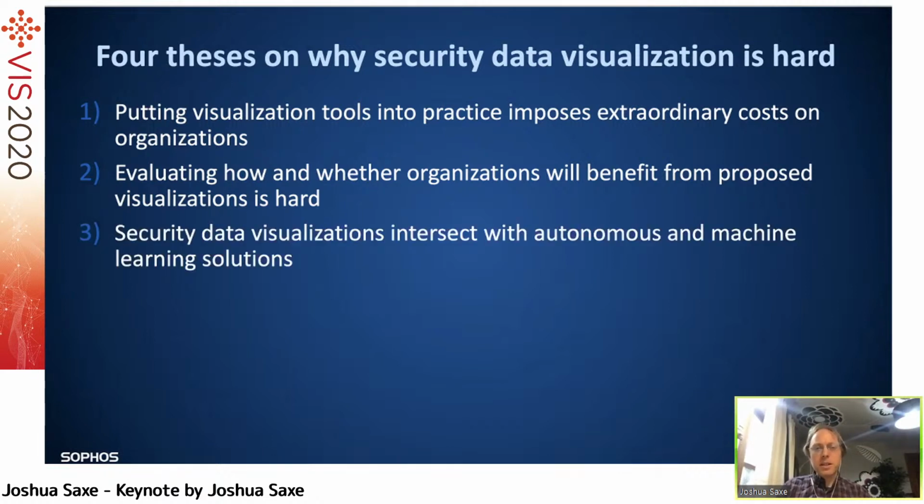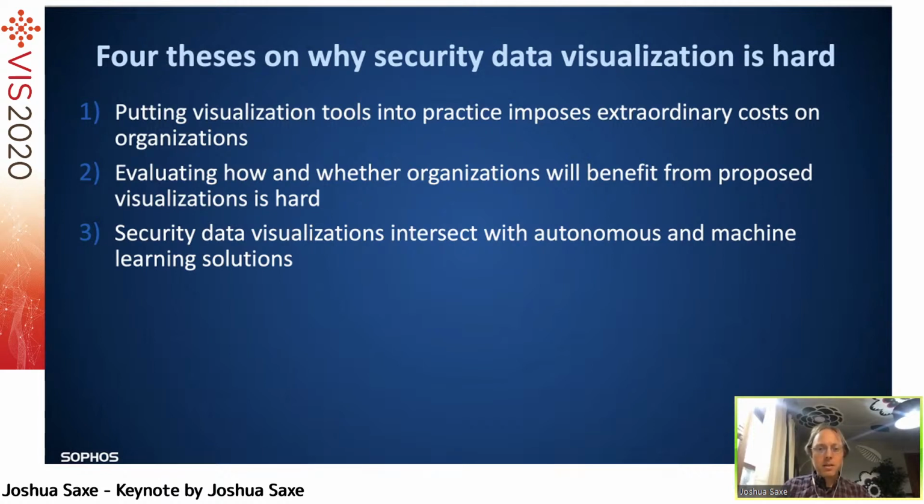Another challenge is that security data visualization intersects with autonomous and machine learning technology. One of the foundational motivations for VizSec is the ability of our visual cortices to do preattentive reasoning about data when presented in a visually elegant format.